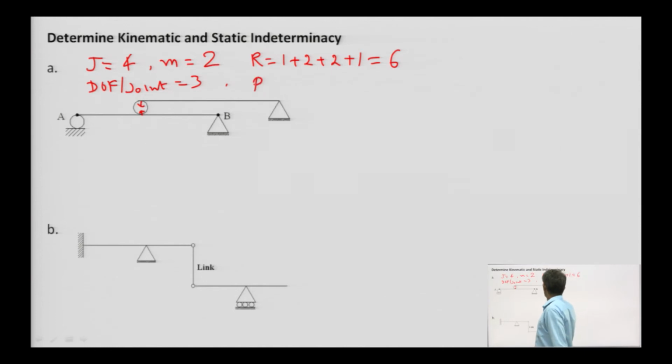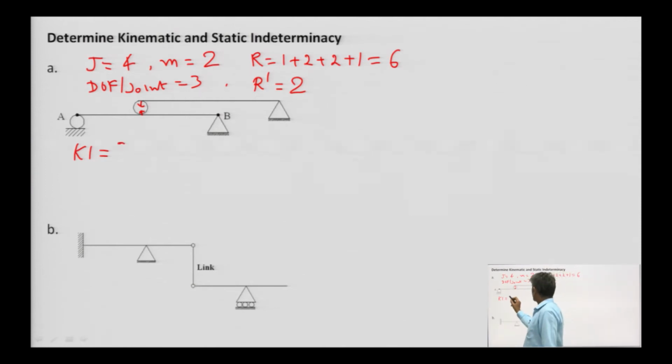R dash will be here 2. I have told you in my lecture class, in the previous lecture. So, kinematic indeterminacy, with the help of the expression we can calculate.